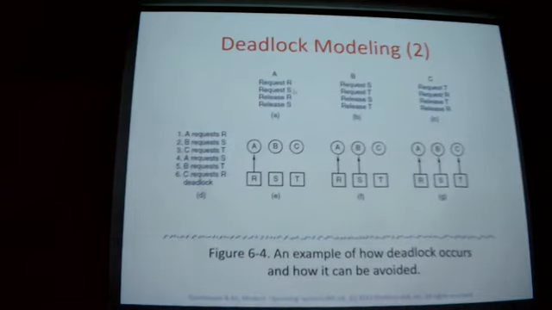It means only if process A gets both R and S can it continue to finish its task. Process B also requires two resources, that is S and T. Process C requires T and R. That means that each process requires two resources.